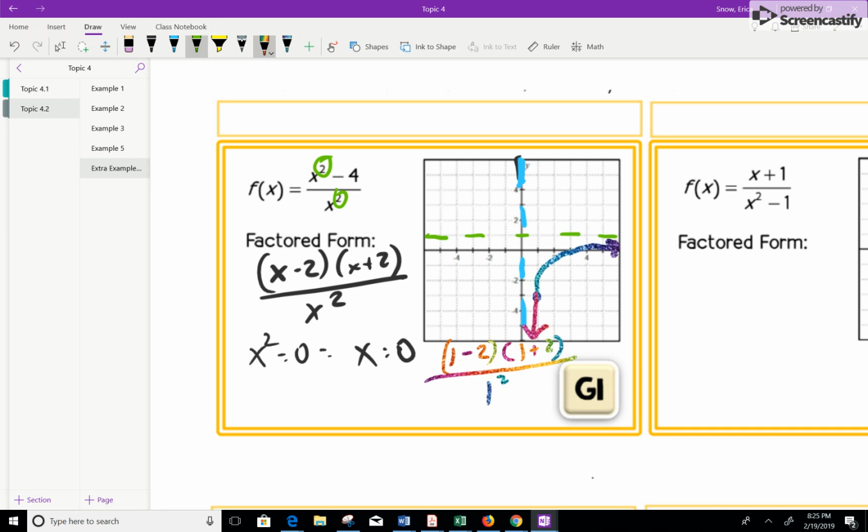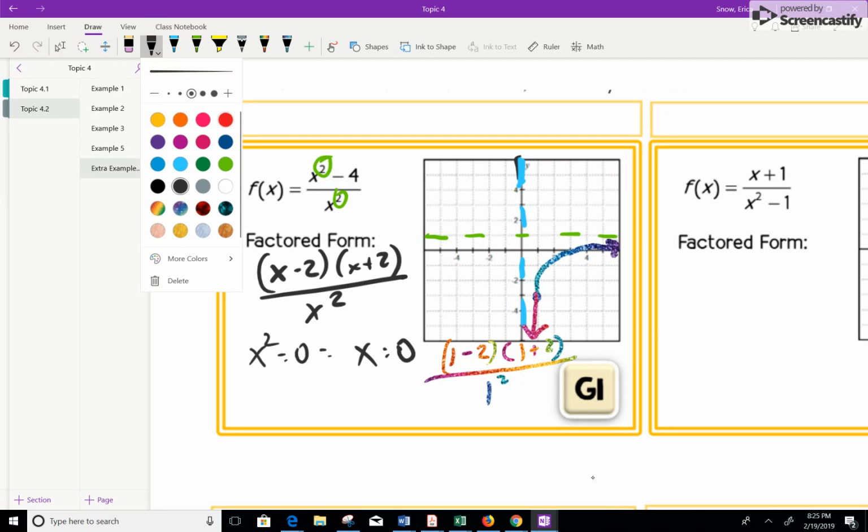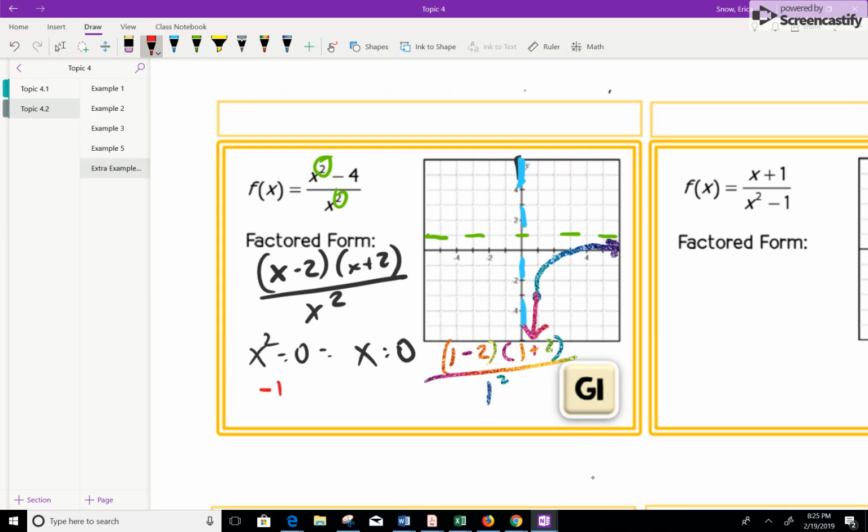Then if I plug in negative 1, there we go. Change it to red. Now if I plug in negative 1, I get negative 1 minus 2 times negative 1 plus 2, all over negative 1 squared.